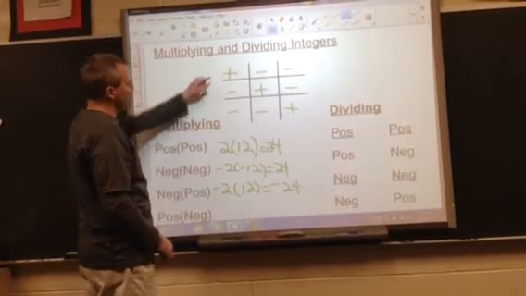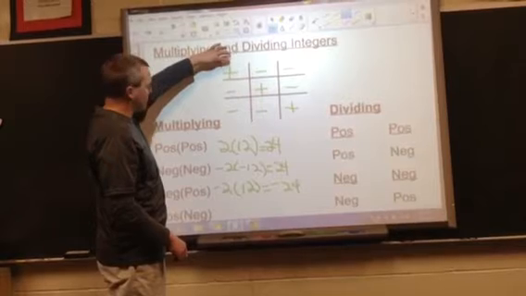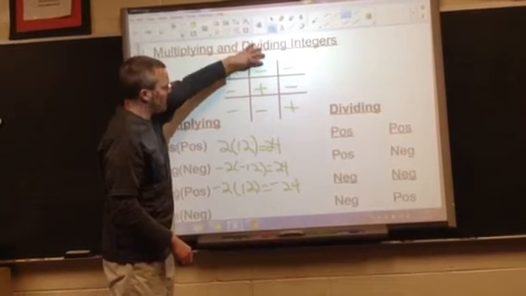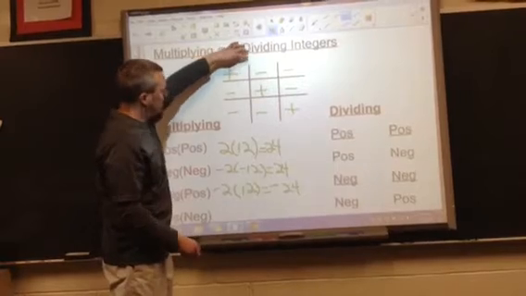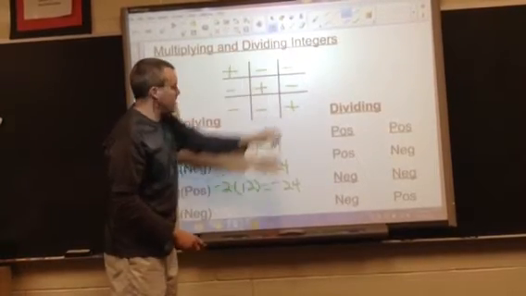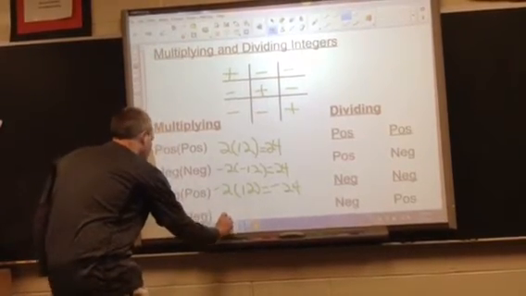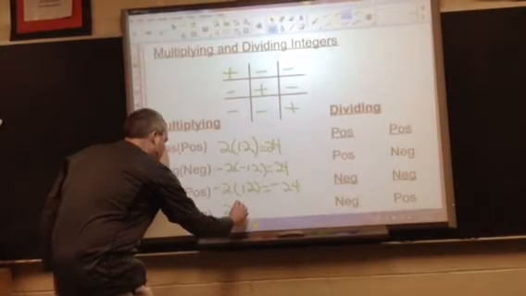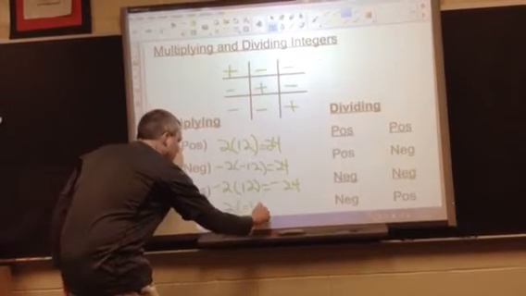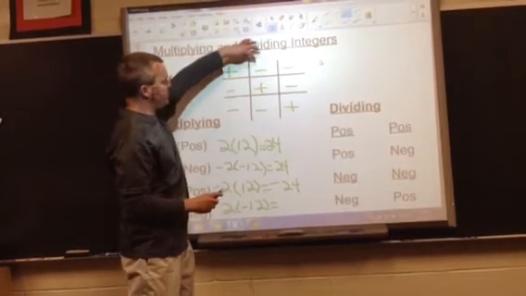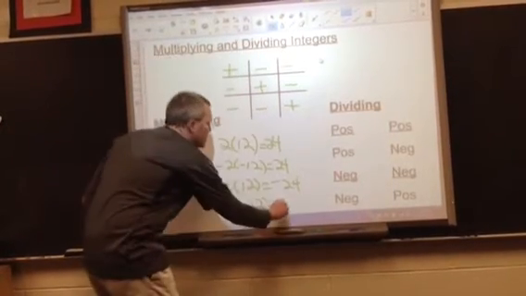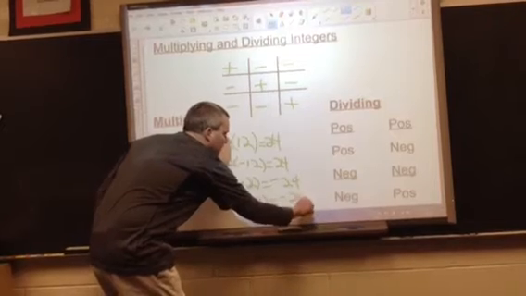So what happens if the first number is positive and the second number is negative? The top line helps you remember that a positive times a negative will result in a negative number. So a positive 2 times a negative 12, on the top line, positive times negative, gives you a negative answer.